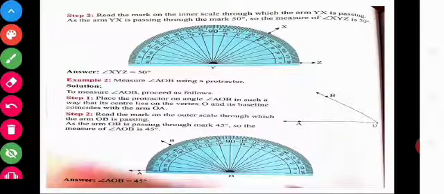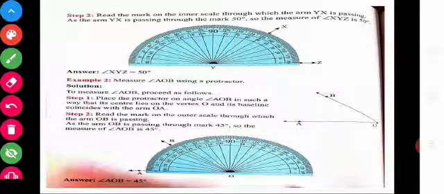Step 2. Read the mark on the inner scale through which the arm YX is passing. As the arm YX is passing through the mark, how much degree? It is 50 degree. So the measure of angle XYZ is 50 degree.